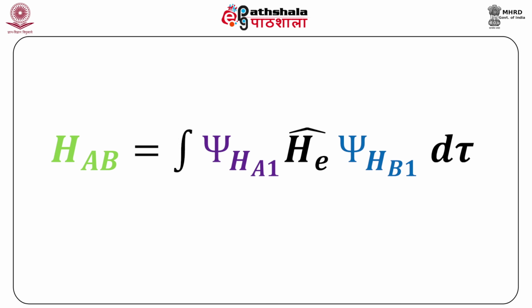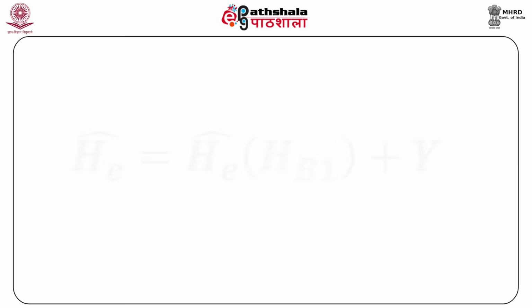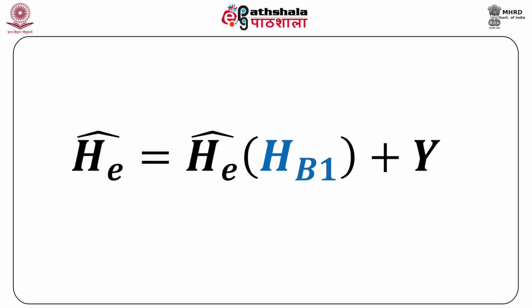Now look at the term HAB. This, as you can see, is given by the integral d tau psi HA1 He cap psi HB1. Here we will use the electronic Hamiltonian in the form that includes y also.